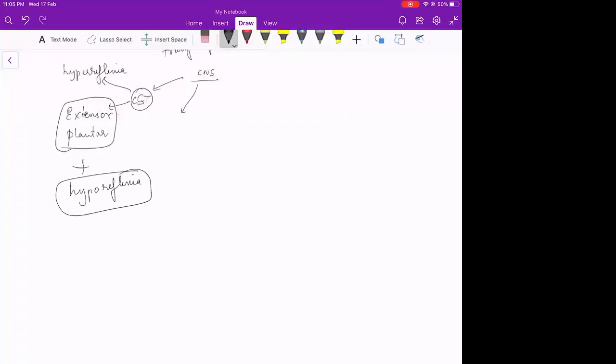Hyporeflexia is because of the loss of reflexes due to peripheral neuropathy, because the peripheral neurons and the dorsal root ganglion are also affected in Friedreich's ataxia, and this kind of combination we will be seeing. It is the usual combination which we see, like the patient having extensor plantar and hyporeflexia. Then we have to suspect Friedreich's ataxia, and also sometimes B12 deficiency can produce this kind of picture.